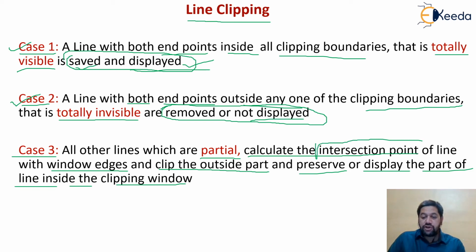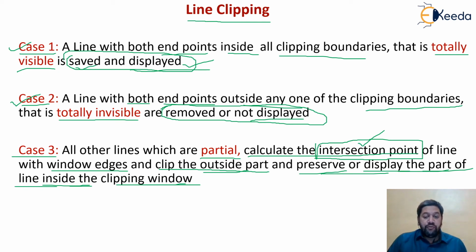Once we get this intersection point, we can find the part of the line which is outside; it should be removed, and the part which is inside the clipping window should be preserved or displayed. The part which is outside is not displayed on the screen. So we have to do all these actions for the line clipping algorithm.